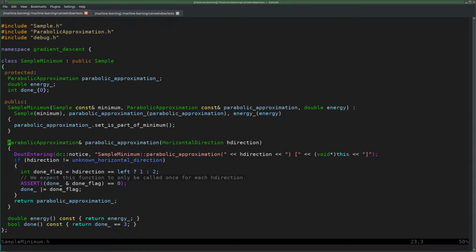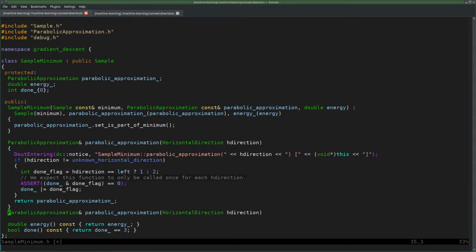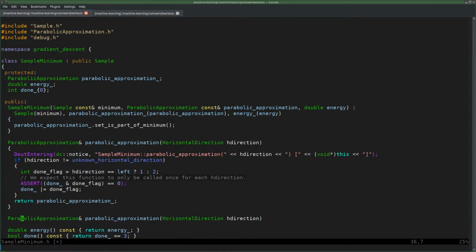To do something strange, let's add an accessor for this that returns a const reference, so I can't change it.